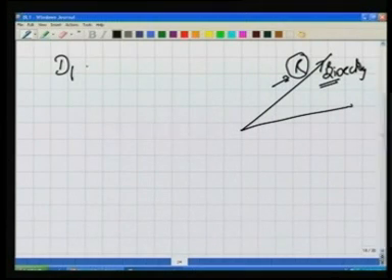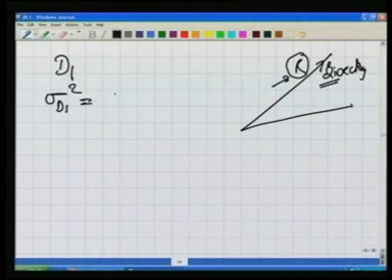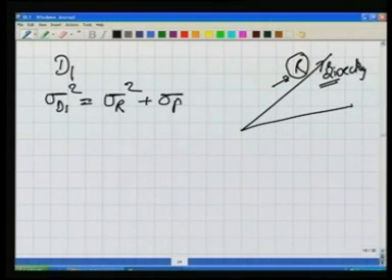So the error in D1 will be sigma r square plus sigma p square, because D1 means the very first reading. We bisect this P once and then take the reading, and that gives us the value of D1.